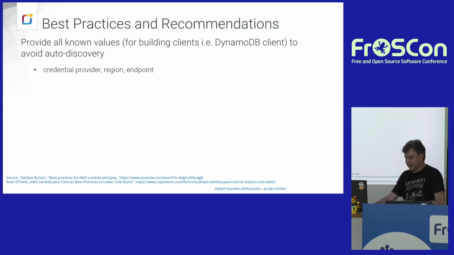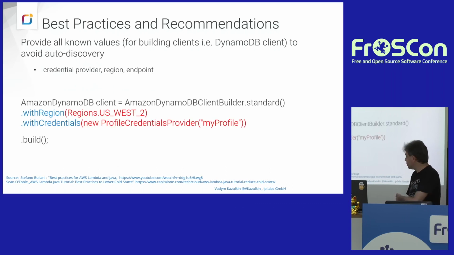Also the credential provider: they have a credential provider chain, they go from one to another and try to figure out where your credentials are stored, but it takes time. And you know perfectly what the region and the credential provider are. So please do this with a programmatic call. It will save more than 1 second, as AWS does not have to look this up, but just derives it from this code.